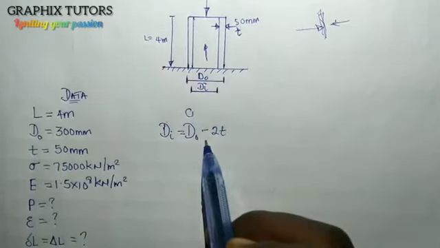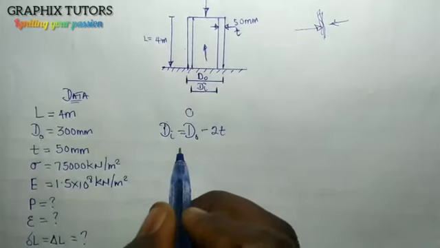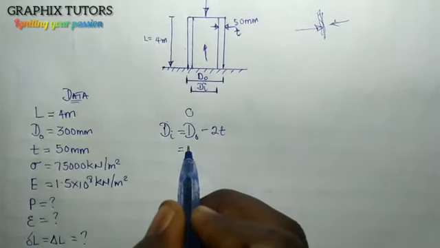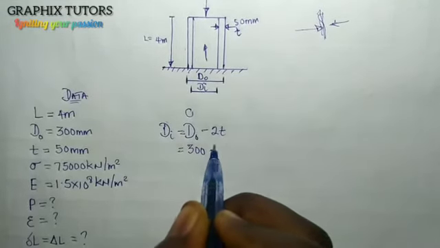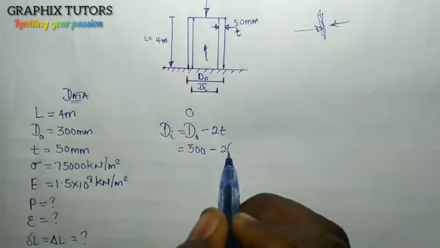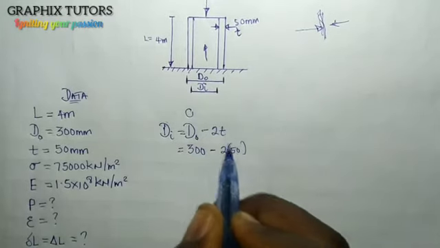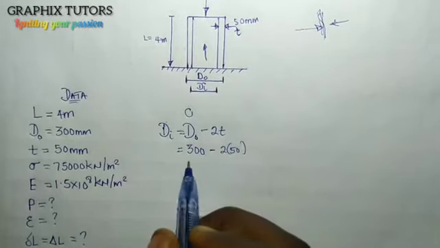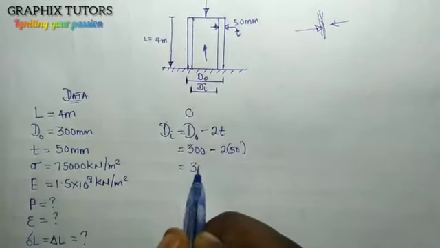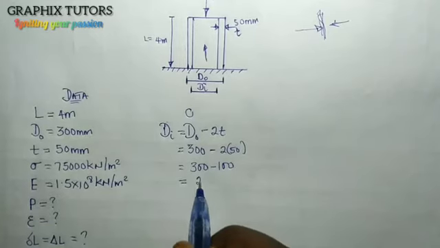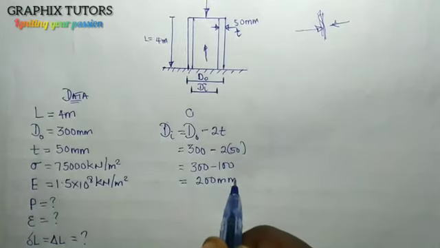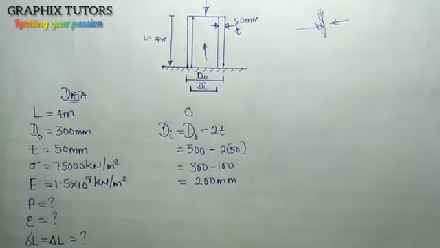So from here, my do is given as 300 millimeter, minus the 2 thickness, that is 2 times 50, because thickness is 50. So 300 minus 100 will give me 200 millimeter.